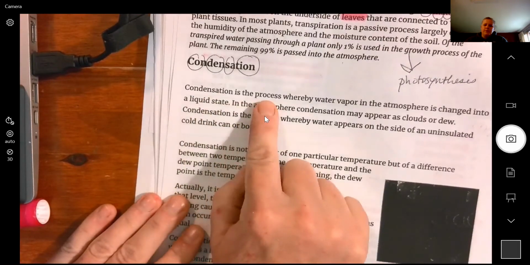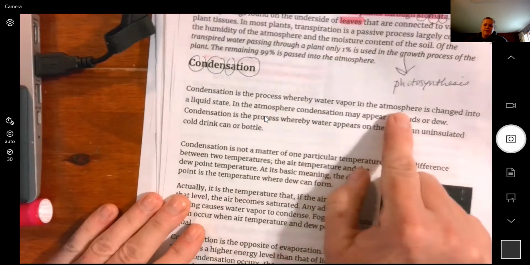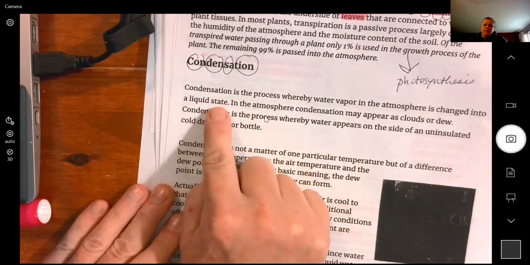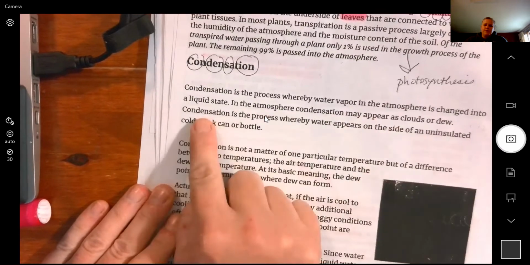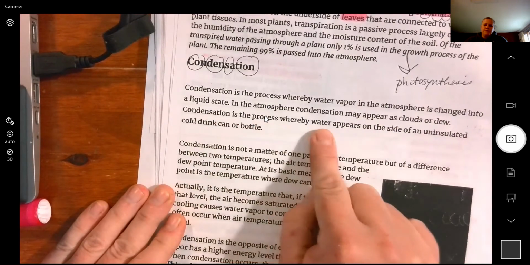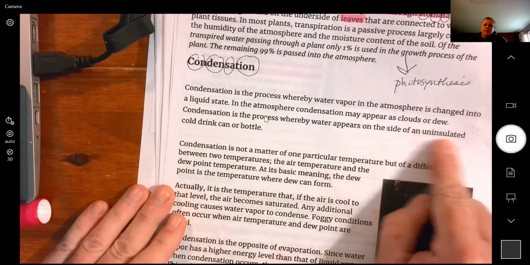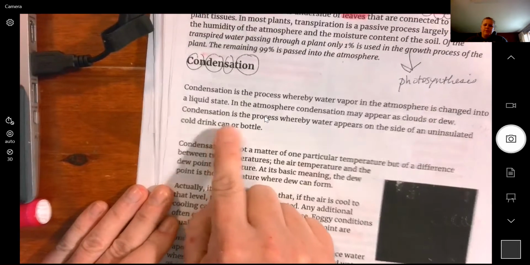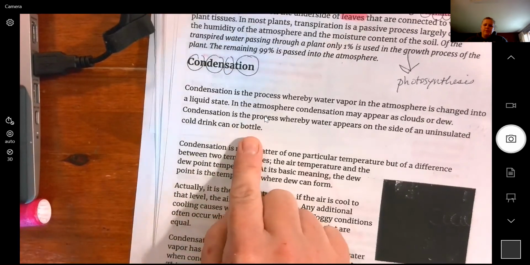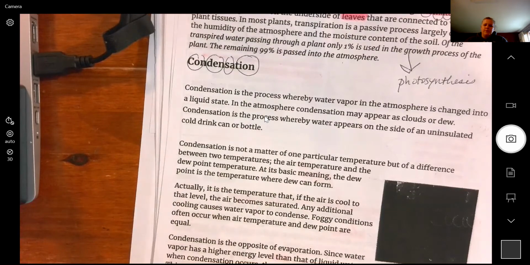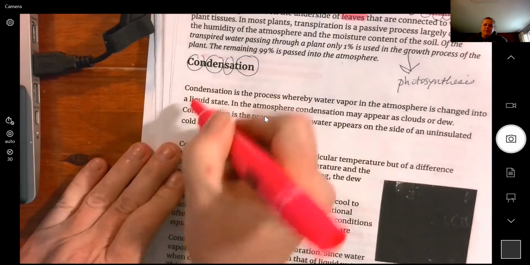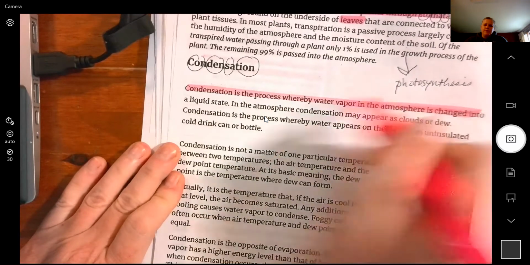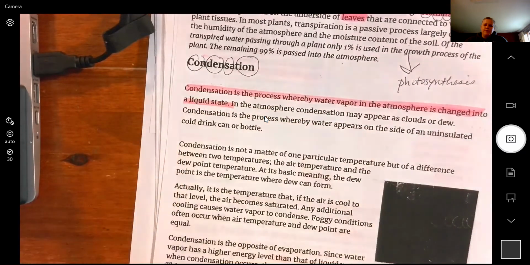Condensation is whereby water in the atmosphere is changed into a liquid. In the atmosphere, condensation may appear as clouds or dew. Condensation is the process whereby water appears on the side of an uninsulated cold drink can or, all right, we're going to pause there. What's the definition of condensation? Water vapor is turned into liquid.